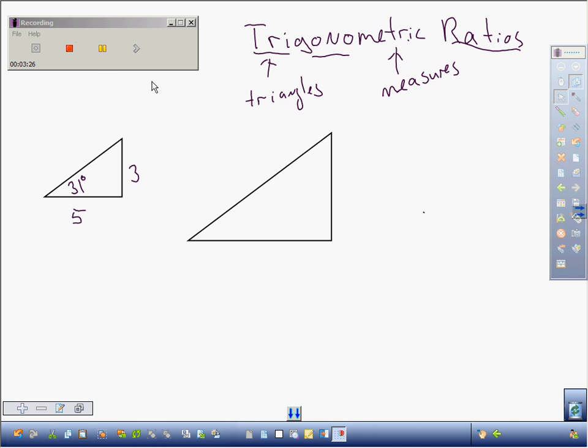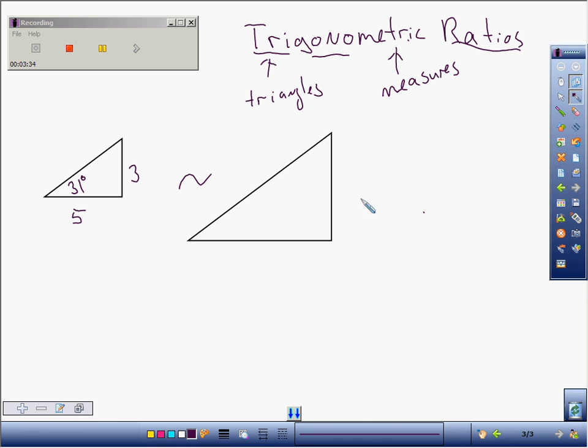So here's another one. So let's say that these are similar. Okay. And that this side is going to be 9, and this side is going to be 15. What does this angle have to be? 31. This angle still has to be 31 if they're similar, right? Okay?